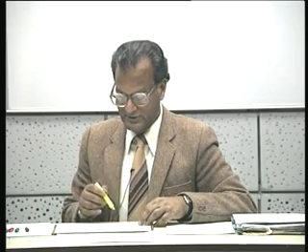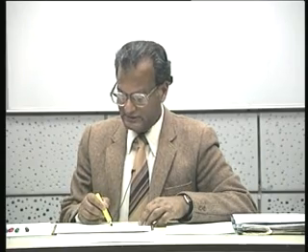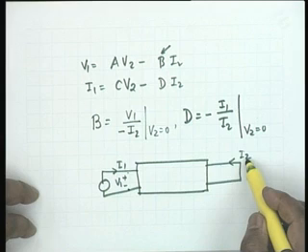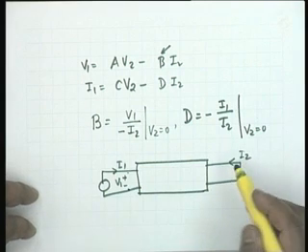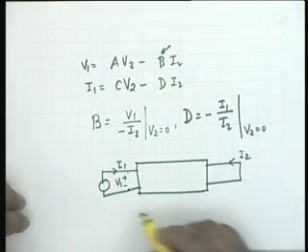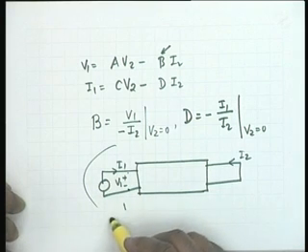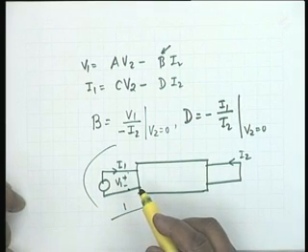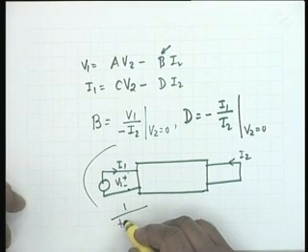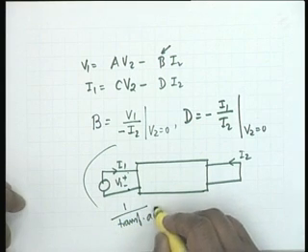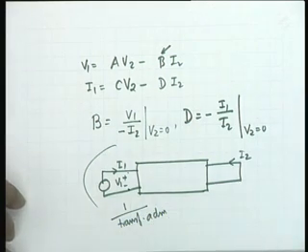Now, if you take the ratio of this voltage to the negative of this current, you will get B. So, what is B? B is the reciprocal of transfer admittance. Negative or positive we will see, it is minus I2.